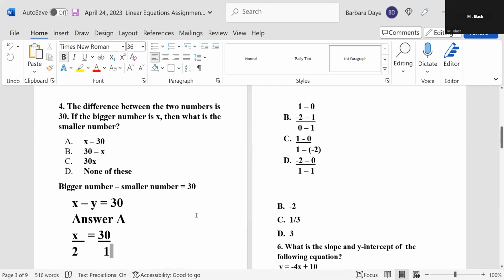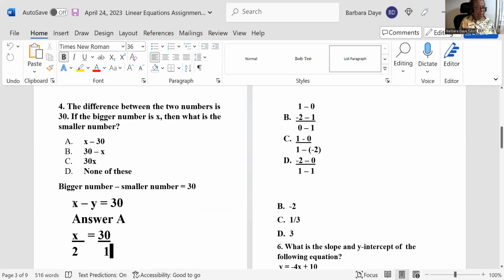Since it's two numbers, the difference between the two numbers is 30. That means the bigger number, if I subtract the smaller number from it, I get 30. So I wrote it out in words: bigger number minus smaller number equals 30, right? Then I just assign some variables to it.